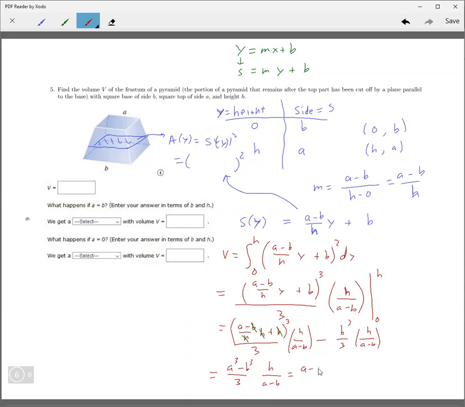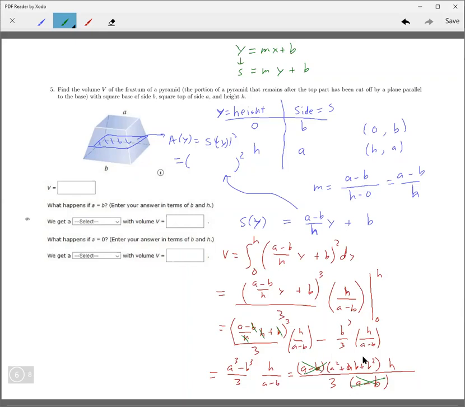A cubed factors into A minus B times A squared plus AB plus B squared. And the A minus B's cancel. Good, yay.